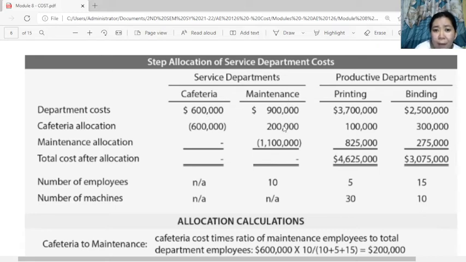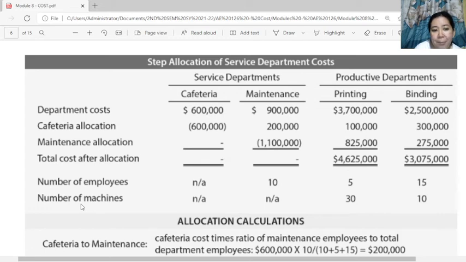After allocating the cost coming from the cafeteria, we can now allocate the maintenance cost to our printing and binding departments respectively. In this case, we will be using 1,100,000 instead of 900,000, because we add the additional allocation of 200,000 from the cafeteria to maintenance.